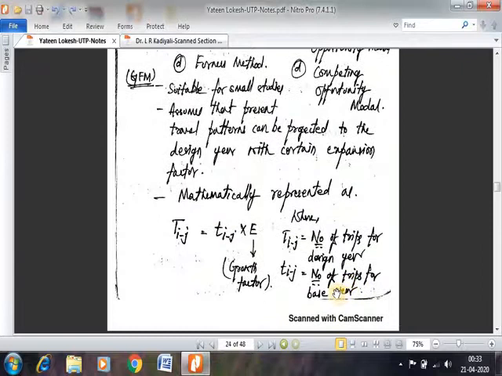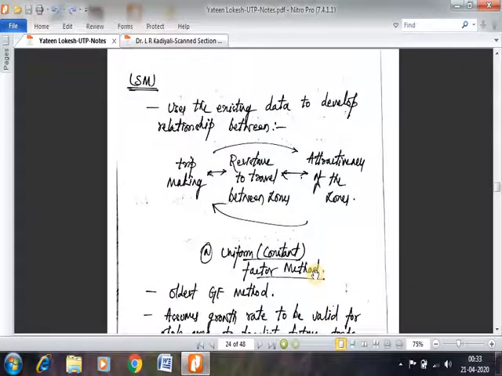Moving ahead, we shall briefly discuss the basics of the synthetic method, the second type of trip distribution technique. The methods that come under this category use the existing data to develop a relationship between the trip making process and the attractiveness of the zones corresponding to the resistance to travel between the zones.